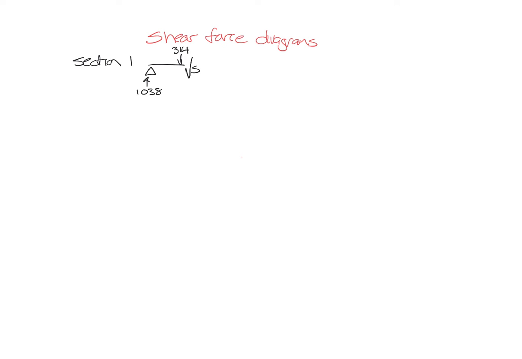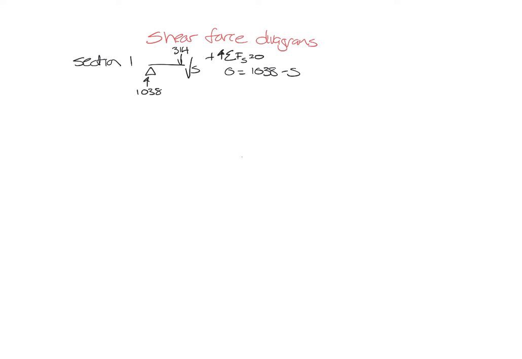So the calculation here is, and again, nominating the direction of the force, the sum of all shear forces must equal 0 for equilibrium. In this case, 0 equals 1038 minus shear.